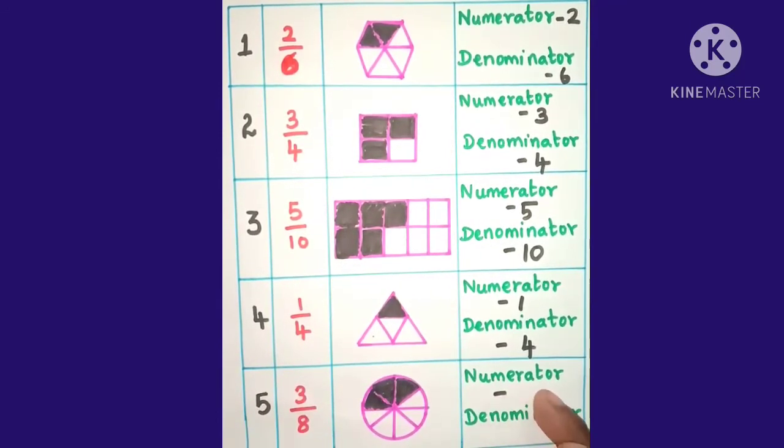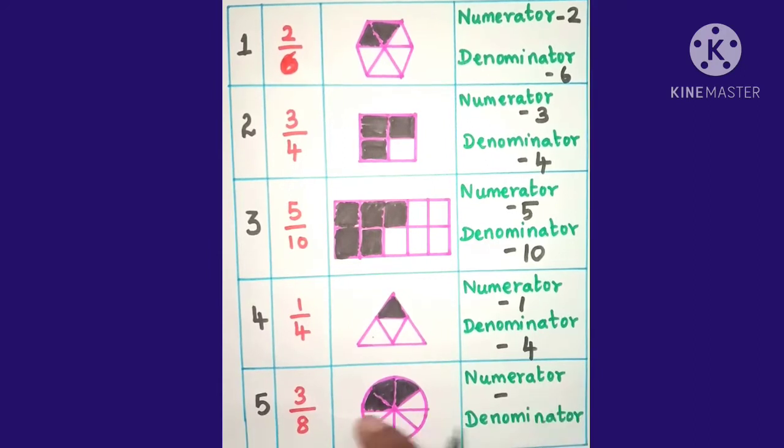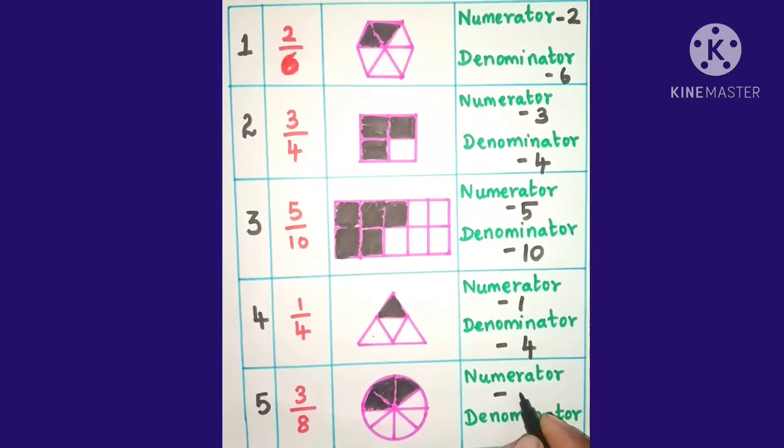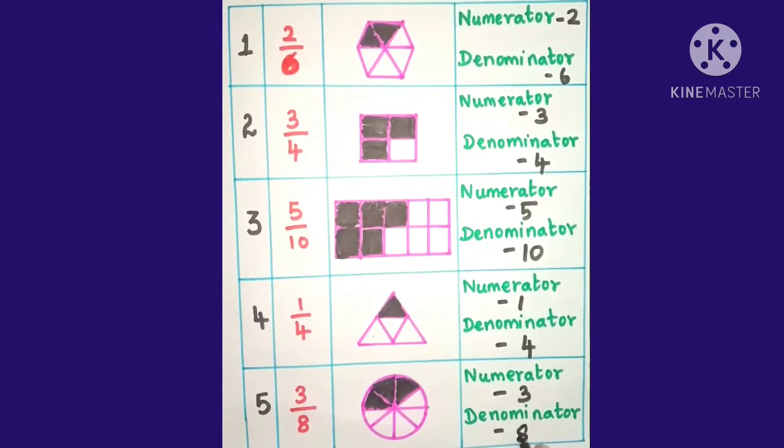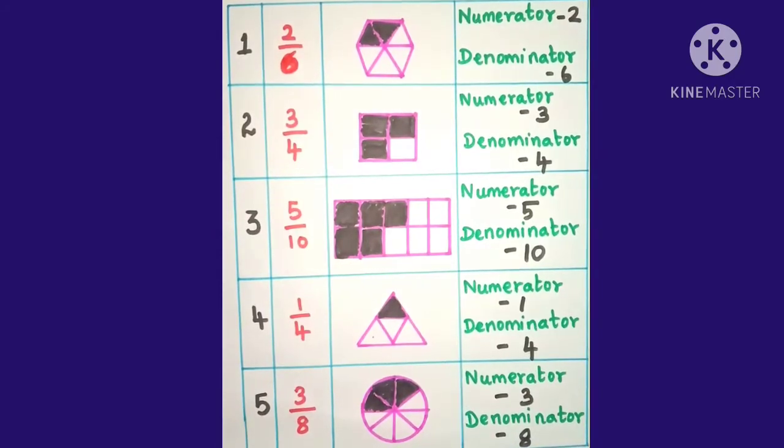Here numerator represents the shaded parts 1, 2, 3, and also the digit in the top 3. And denominator which represents the total number of parts, the number which is in the bottom. Here 8 is the denominator.